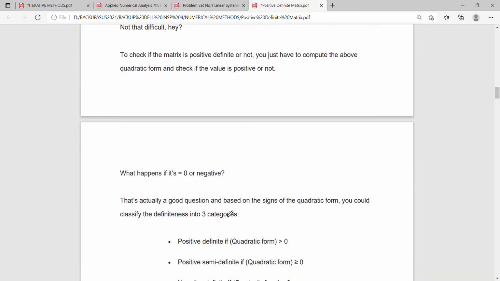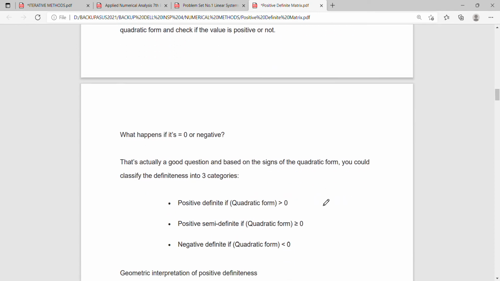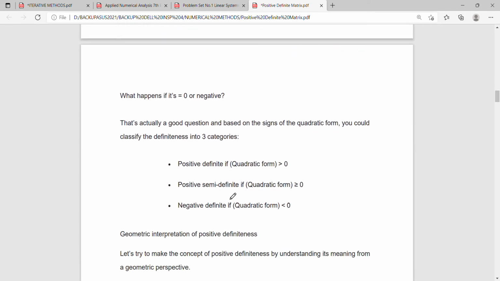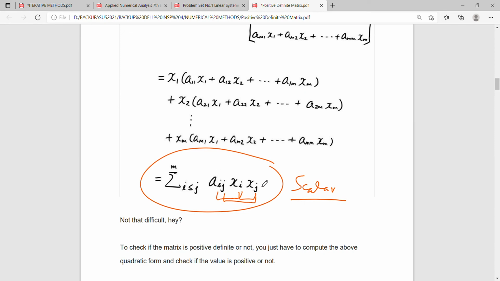Okay? And you can make use of some subcategories of positive definiteness in this form. If it is positive definite, or sorry, if it is greater than 0, meaning to say it is positive definite. I'm talking, of course, of the quadratic form, this one. Okay?